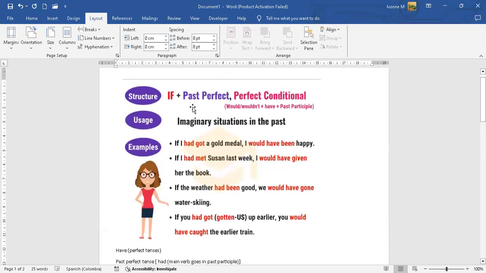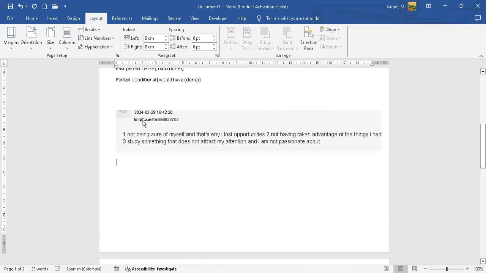To the structure. Remember that we use a first clause, if plus past perfect, and then the perfect conditional. So the girl here is saying, one regret is not being sure of myself, and that's why I lost opportunities.